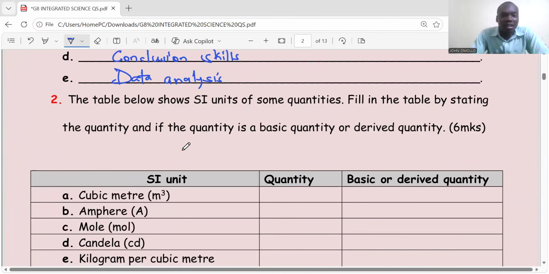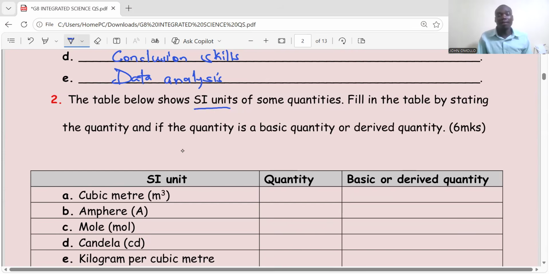Number 2, the table below shows SI units. So SI units stand for International System of Units of some quantities. Remember, these are just units generated by a group of scientists who sat down in the 19th century and realized that for these particular products to have a common name within the universe, we have to give them what is called SI units.